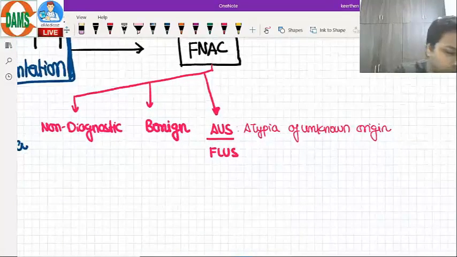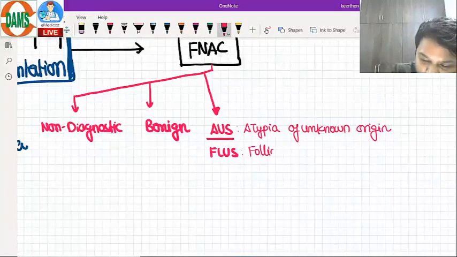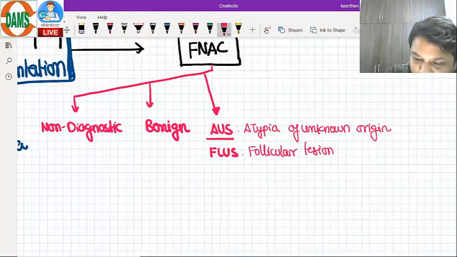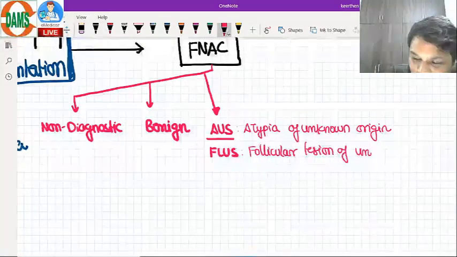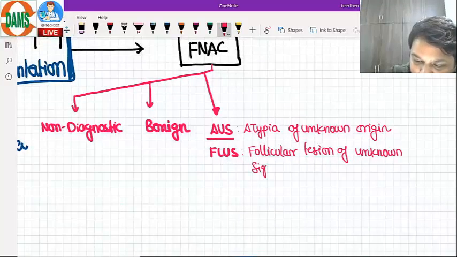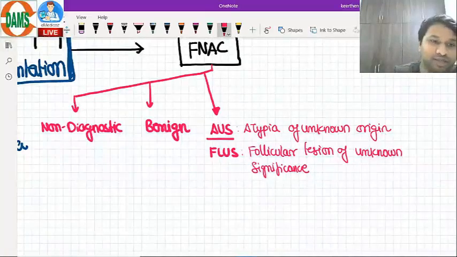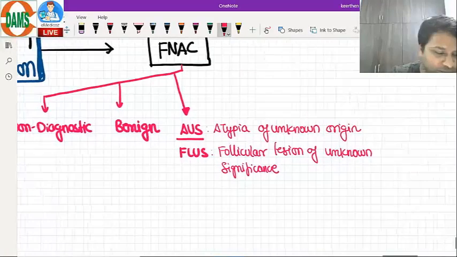FLUS stands for follicular lesion of unknown significance. Follicular lesion of unknown significance, that is called FLUS.